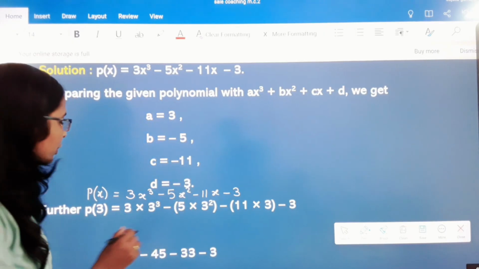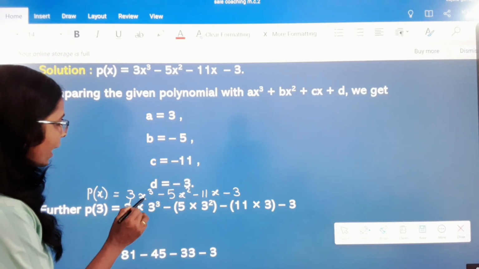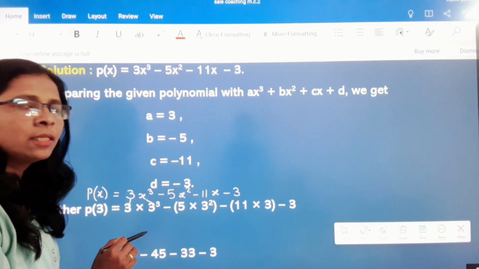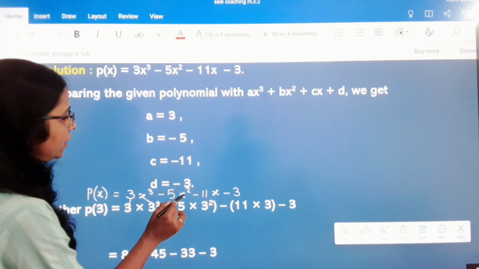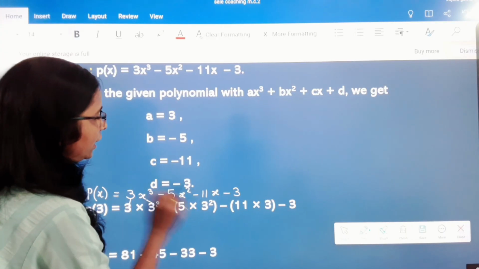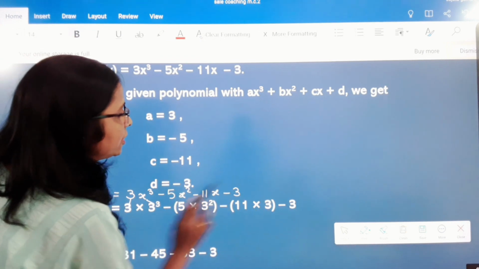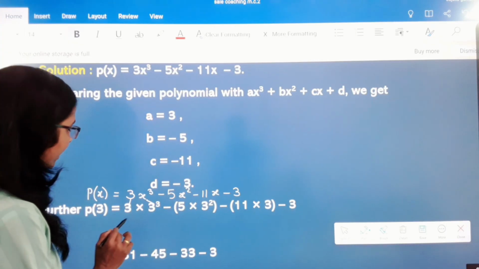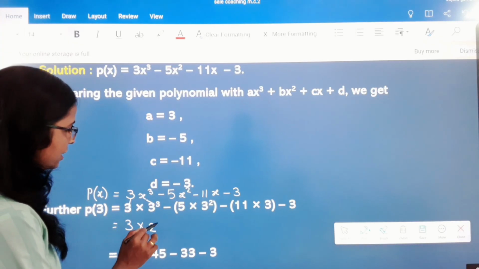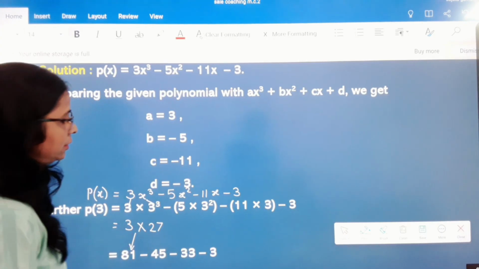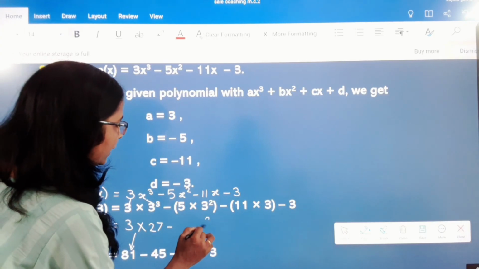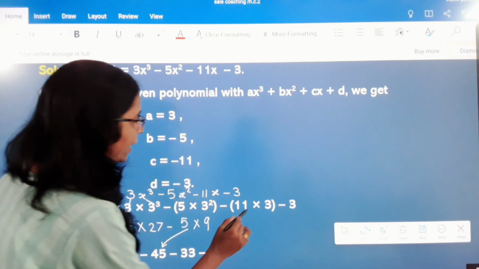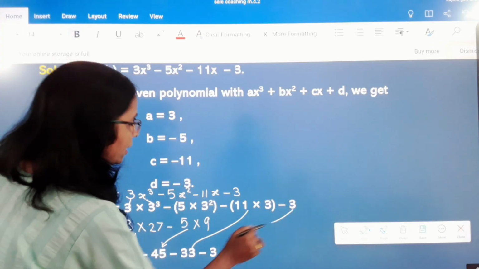So at x is equal to 3, wherever you see the x, substitute the value as 3. Then minus 5 into square of 3, minus 11 into 3 and minus 3. So cube of 3 is 27. So 3 multiplied by 27 will be 81. Then square of 3 is 9, and 5 nines are 45. And then 11 threes are 33, and then minus 3.